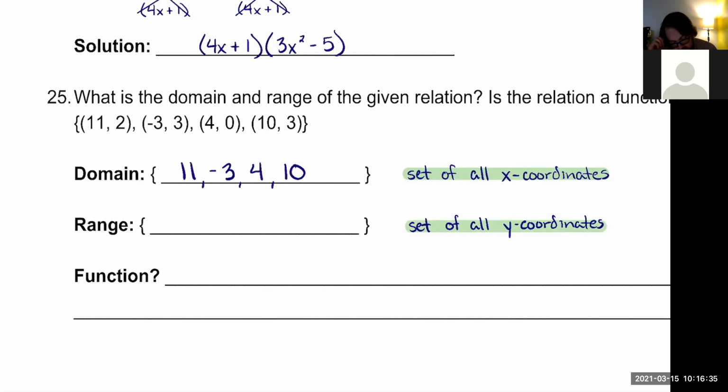And what are my y coordinates here? 2, 3, 0, and another 3. Now, depending on who you ask, technically you don't have to list the same one more than once. But in my opinion, it doesn't actually matter if you do list them more than once, because it kind of gives you a better representation of what you were given to begin with.